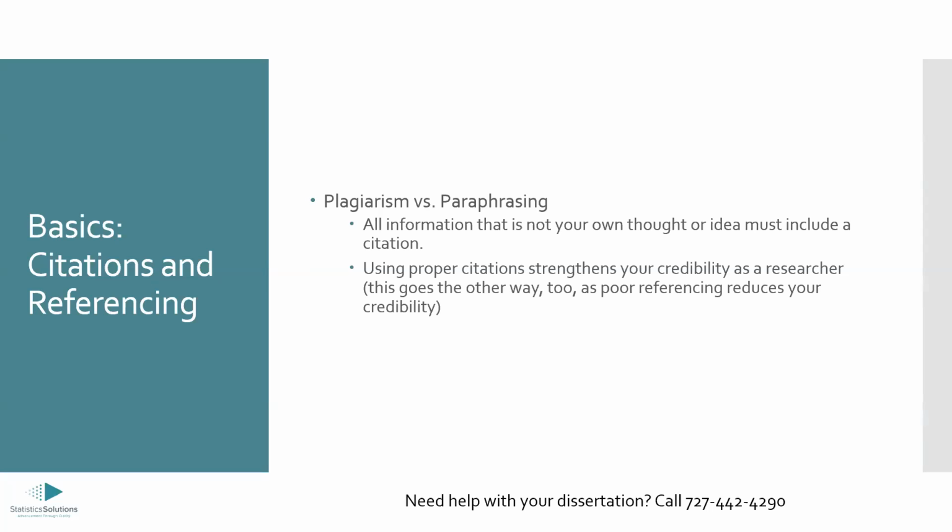Not only because of that, but just because we want to make sure that everyone gets the credibility for what they have produced, we want to be citing our sources at all times. Using proper citation not only helps you not to plagiarize and gives people credit where credit is due, it also strengthens your credibility as a researcher, because it shows that you are willing to give people credit when they deserve it.